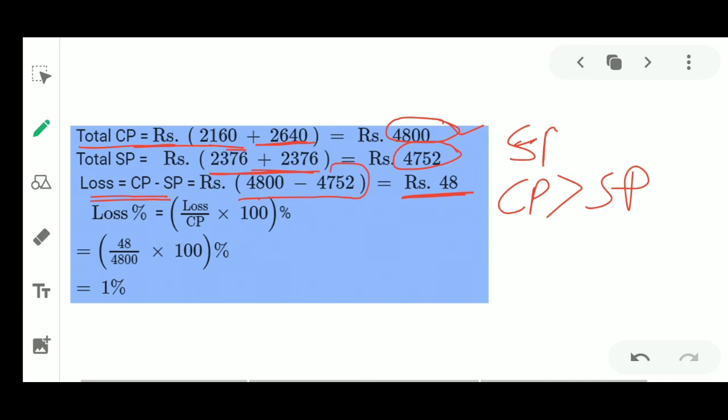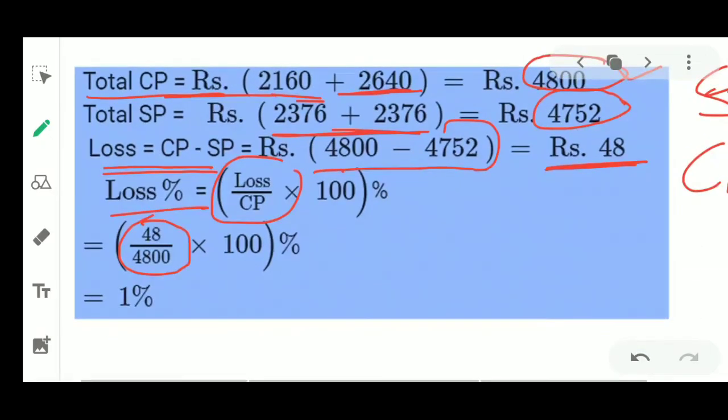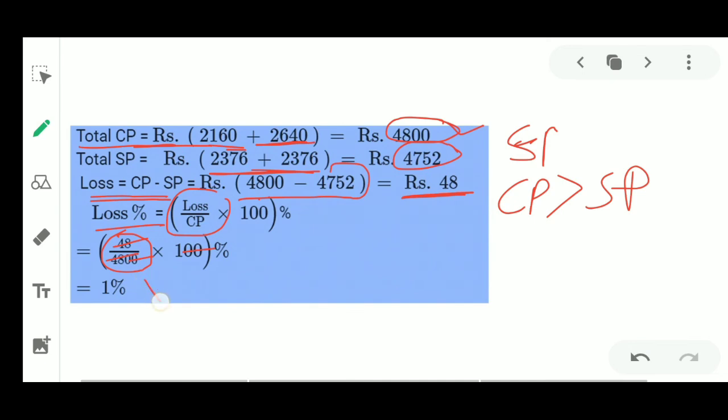Now in the previous class we discussed how to find loss percent. So the formula will be loss by CP multiplied by 100%. Now put the values: 48 by 4800 multiplied by 100. Now zeros will be cancelled, and 48 divided by 48 will give 1. So loss percent equals 1%.